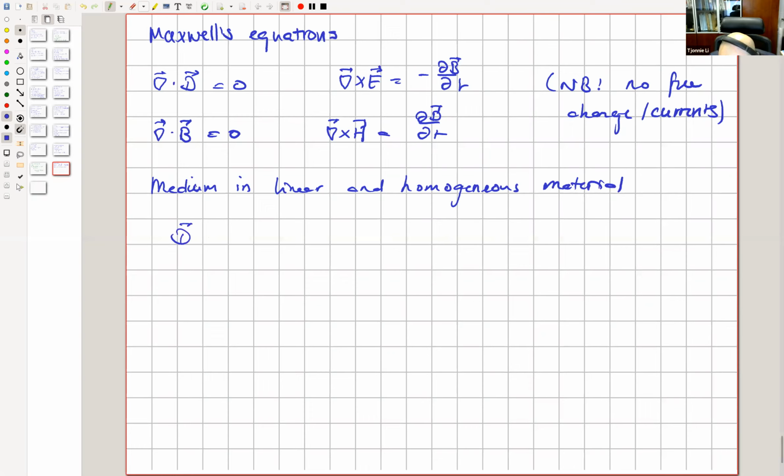Simply D is epsilon E and H is 1 over mu B. In such a case, when the epsilon and 1 over mu are constants, then we can write down Maxwell's equations.